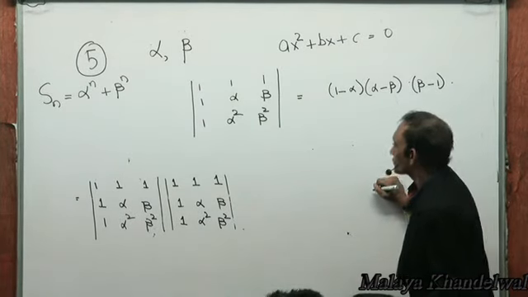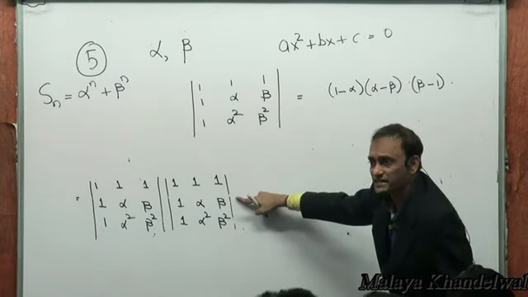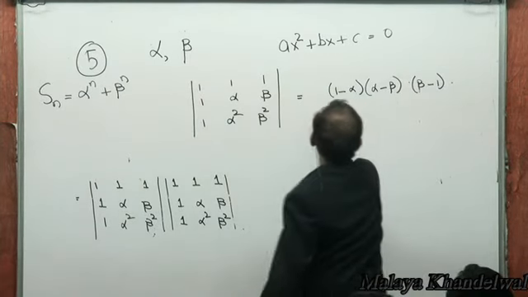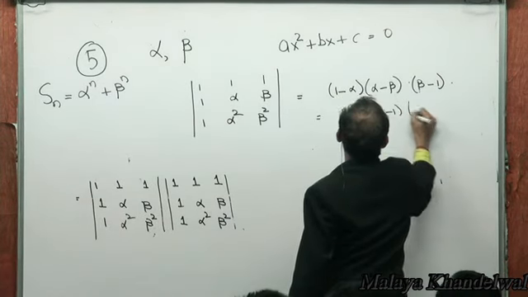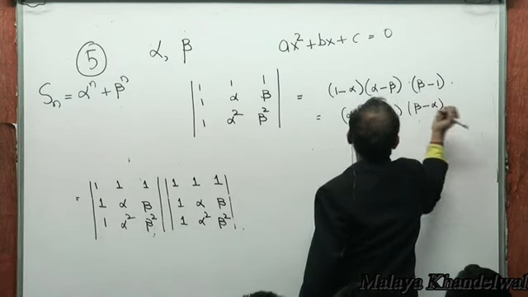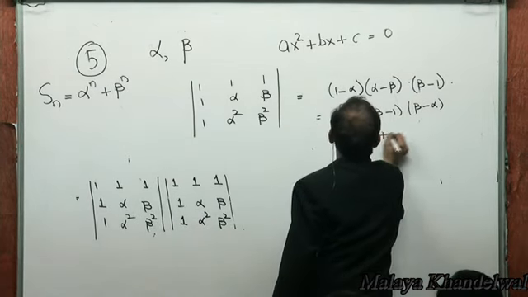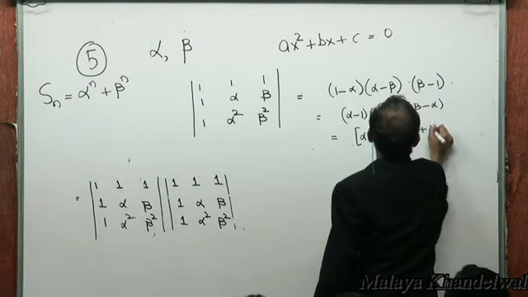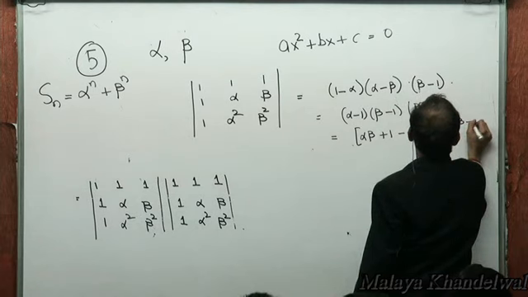Yes or no? I need to find the value of this and then square it, because they are identical, right? This with this. So this is like (alpha minus 1)(beta minus 1)(beta minus alpha), which is (alpha beta plus 1 minus alpha plus beta)(beta minus alpha).